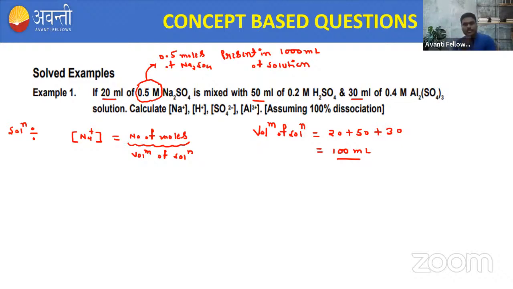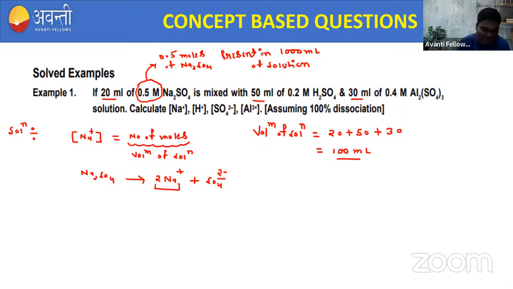Now, if we want to find out the concentration from Na2SO4, how will you find it? We know that Na2SO4, the question says, dissociates 100%. So when it dissociates, it converts into 2 Na+ and SO4 2-. So the number of moles of Na is 2 mole of Na.